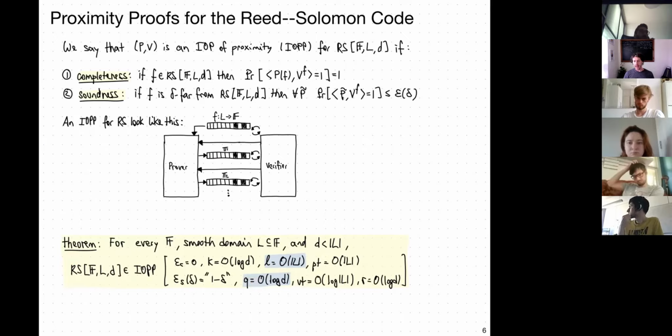I'll unpack the rest of the parameters in a second, but the main message to take is that if we want to test the Reed-Solomon problem, we need to make D queries. But if you allow us a proof of linear size, then instead of D queries, we can make just log D queries.